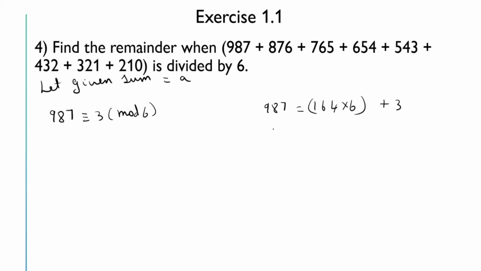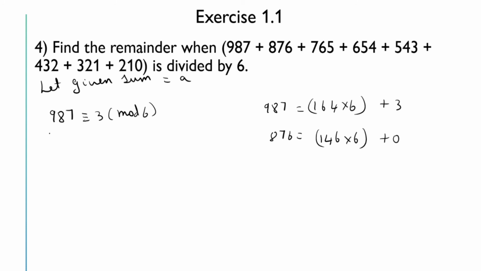Next, let us take 876. 876 is equal to 146 into 6 plus 0. That is, when we divide 876 by 6, we get 146. So there is no remainder because 876 is divisible by 6.